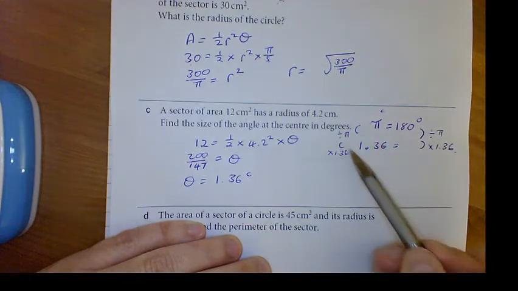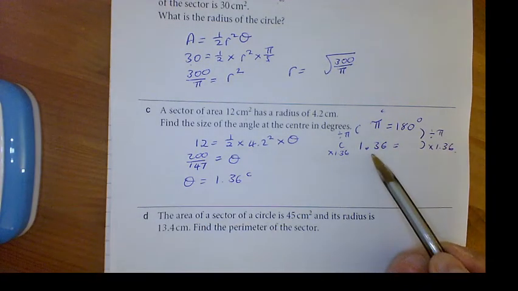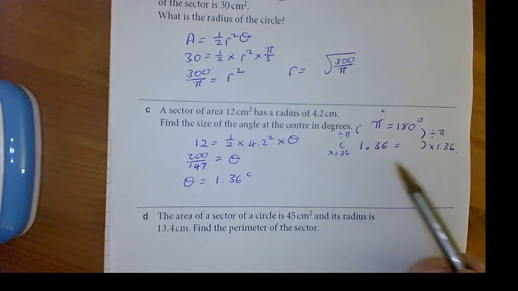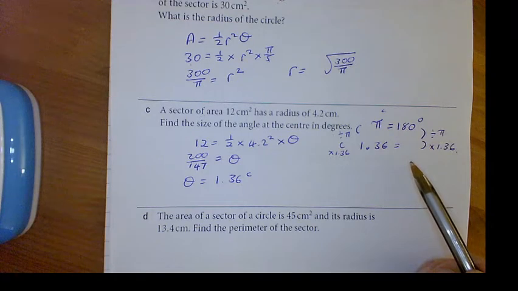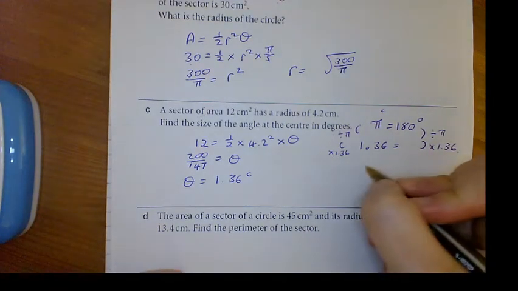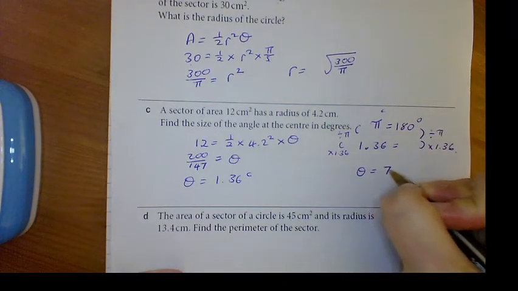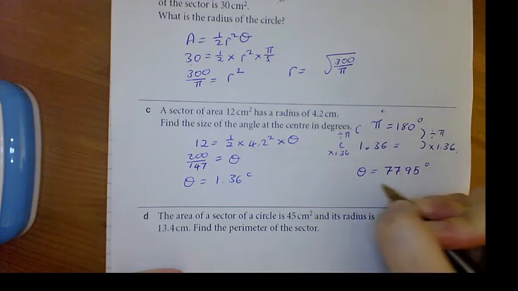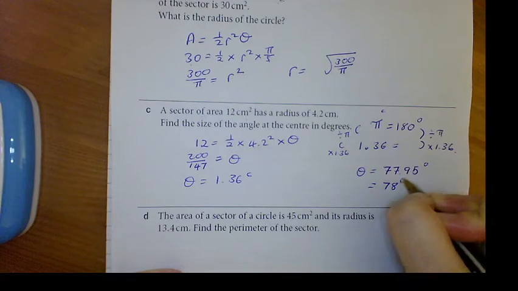Now this number is in my calculator, so I'm going to use the answer button on my calculator to get the most accurate result. So 180 divided by pi times by the answer that I had previously tells me that theta must be 77.95 degrees, or if you prefer, 78 degrees.